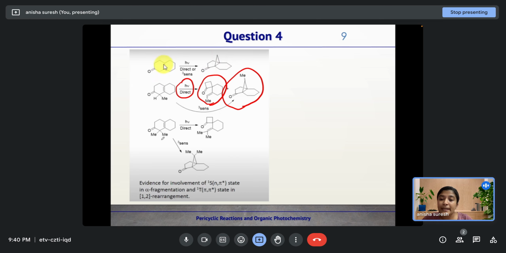What is taking place here? There is evidence for the involvement of the singlet n-pi star state in alpha fragmentation and the triplet pi-pi star state in 1,2 rearrangement.